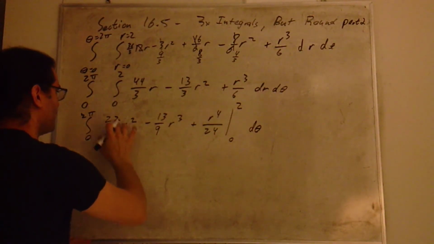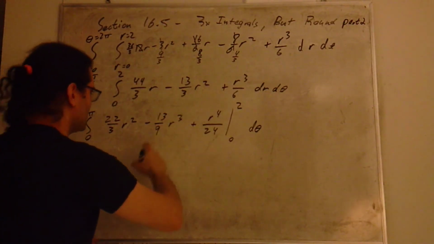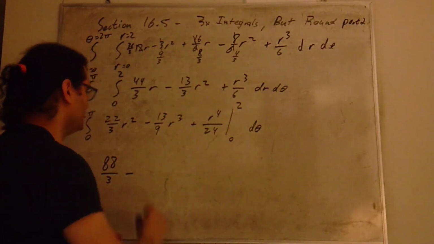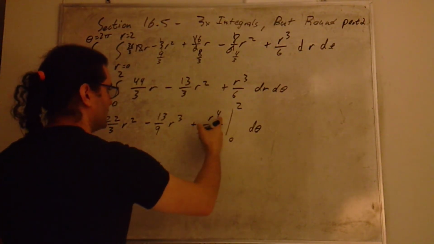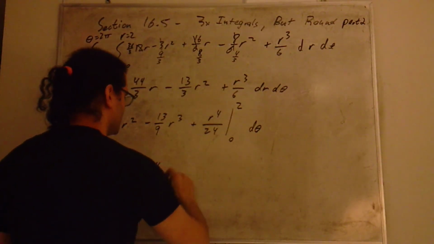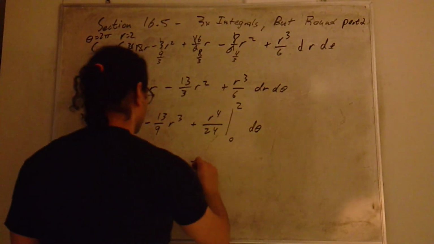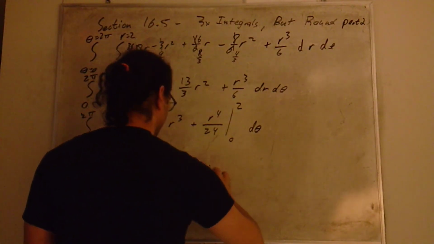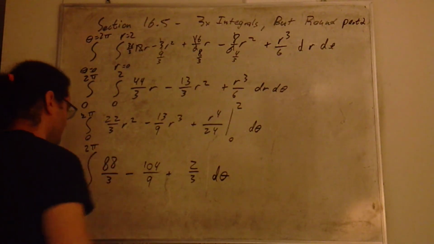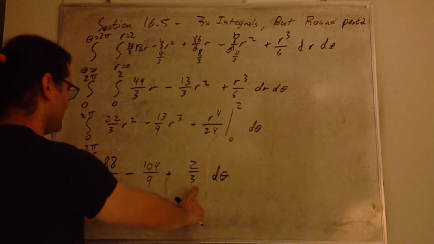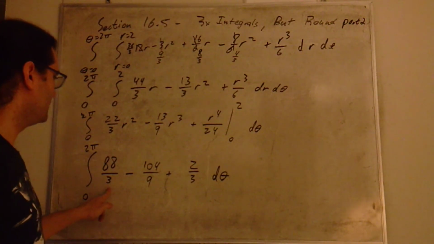2 squared is 4, so this is 88 thirds. 8 times 13 is 104 ninths. 16 over 24 is 2/3. So when I combine these two, I get 90/3, which is 30.